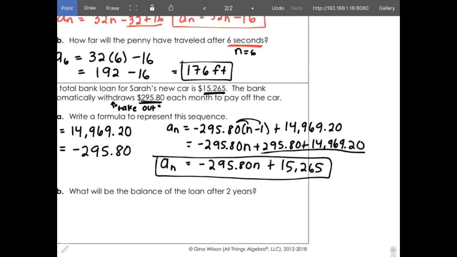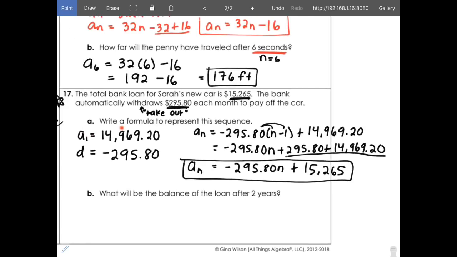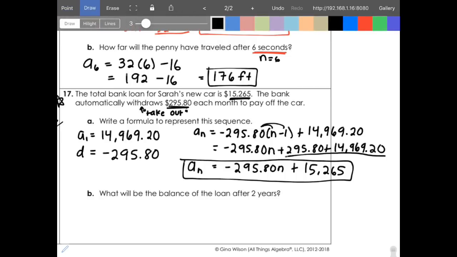Didn't we just figure out the first month, she's going to have to pay this much? Yeah. What about the second month? Well, we'd plug a 2 into here, and we'd say 15,265 minus this number times 2. And that's the second month. Then we'd have A sub 2, which is the second month, right? And so on and so forth until she finishes paying off the car.